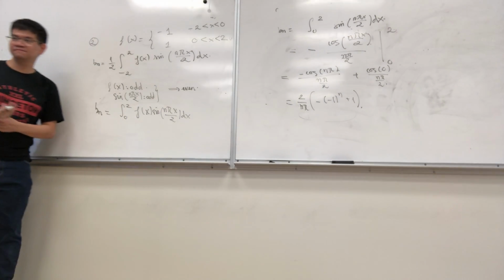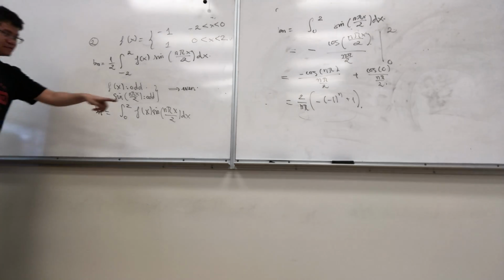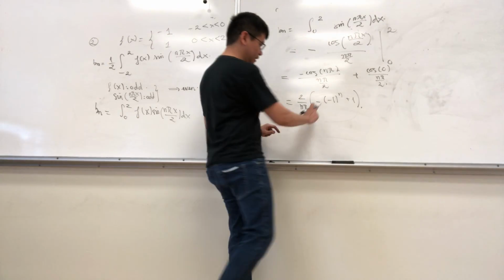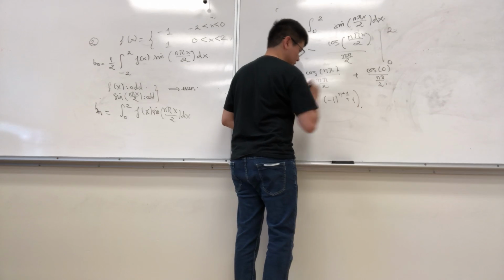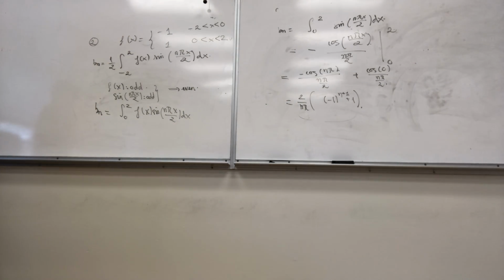It's clear? So in this case, a_n and a_0 are all 0, and b_n is this value. So here I can put minus 1 here, and I put plus 1 here. Good.